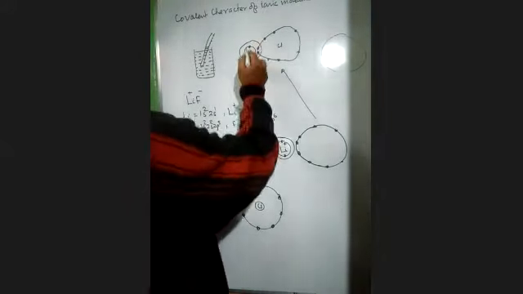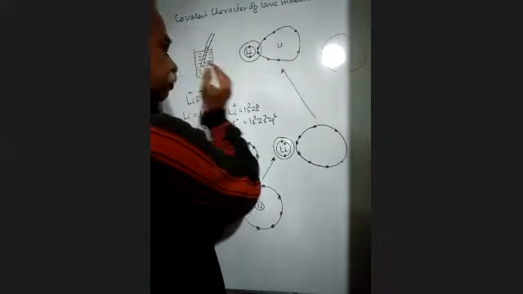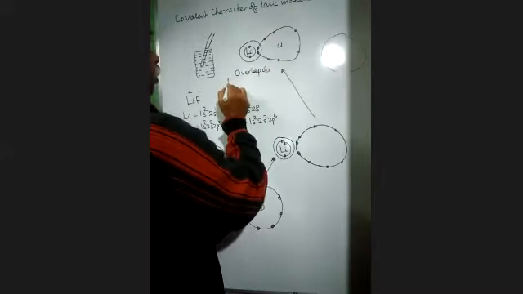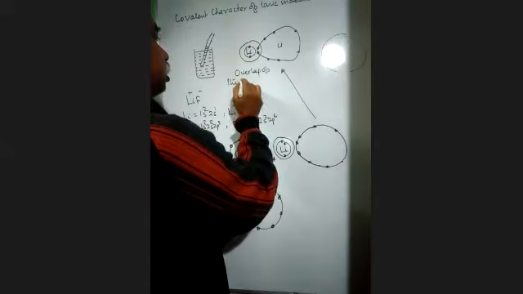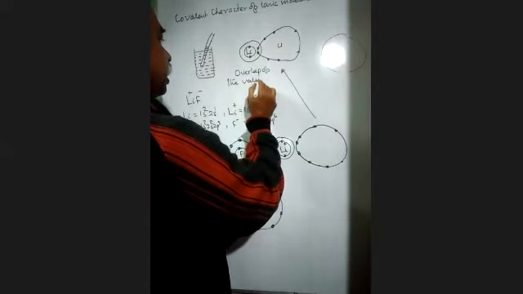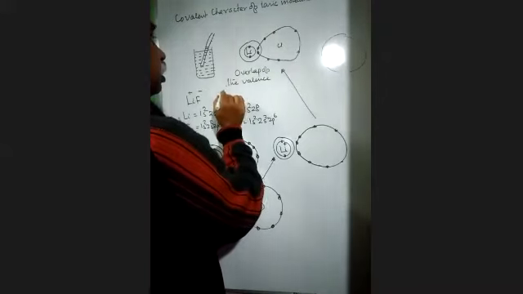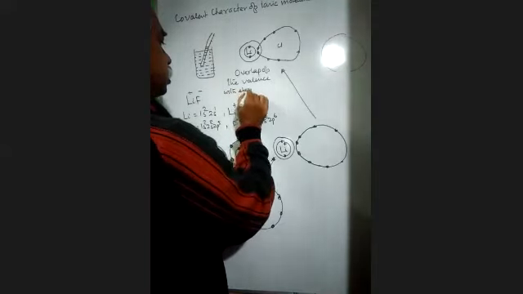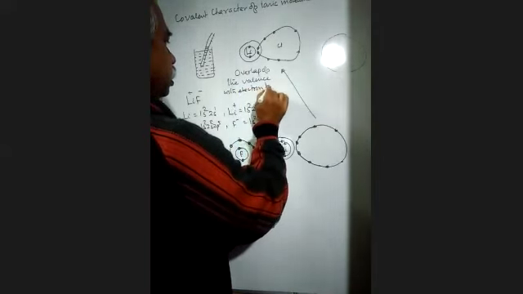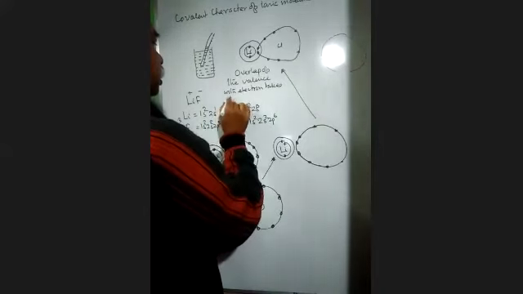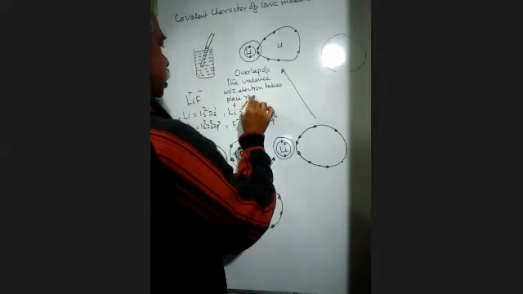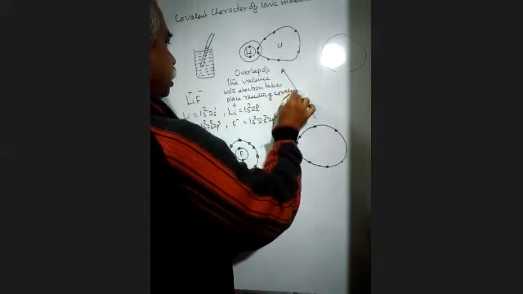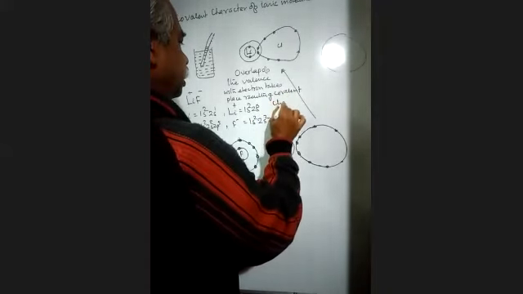So overlap of the valence shell with electron takes place, resulting in covalent character.